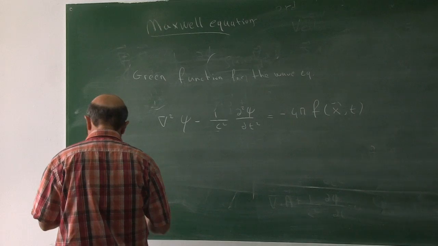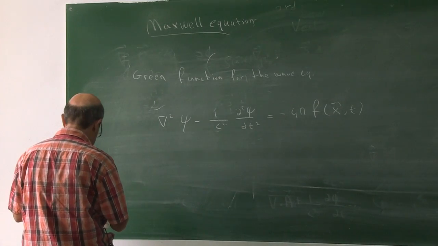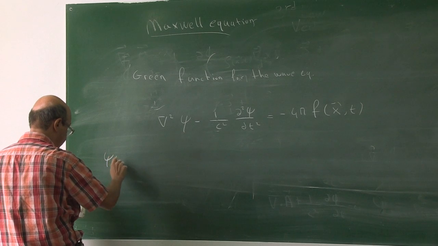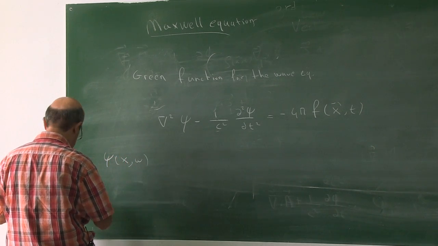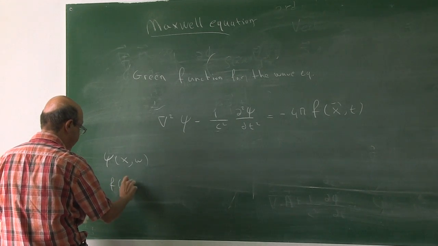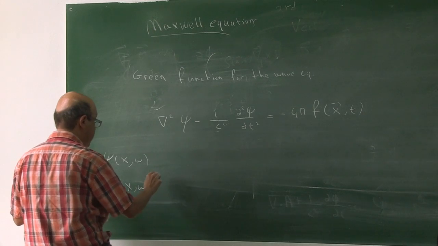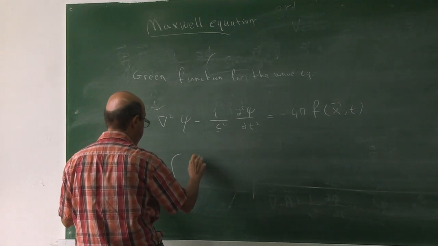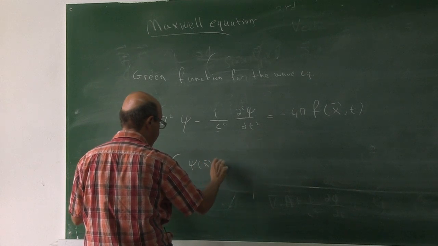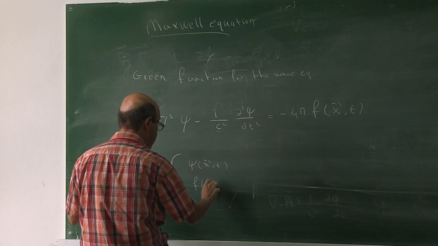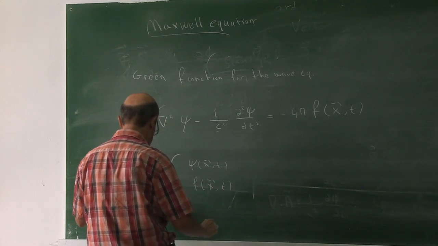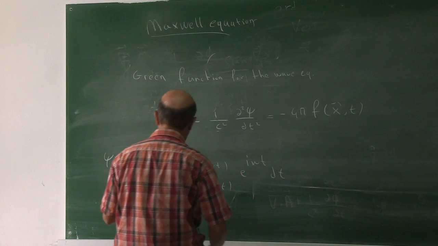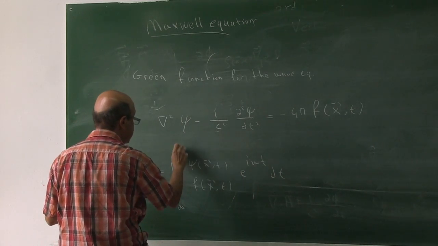So the Fourier transform of this scalar function could be the following: phi of x, omega or f of x, omega could be written as either of those, phi of x, t or f of x, t, times e to the i omega t dt, integration from minus infinity to plus infinity.